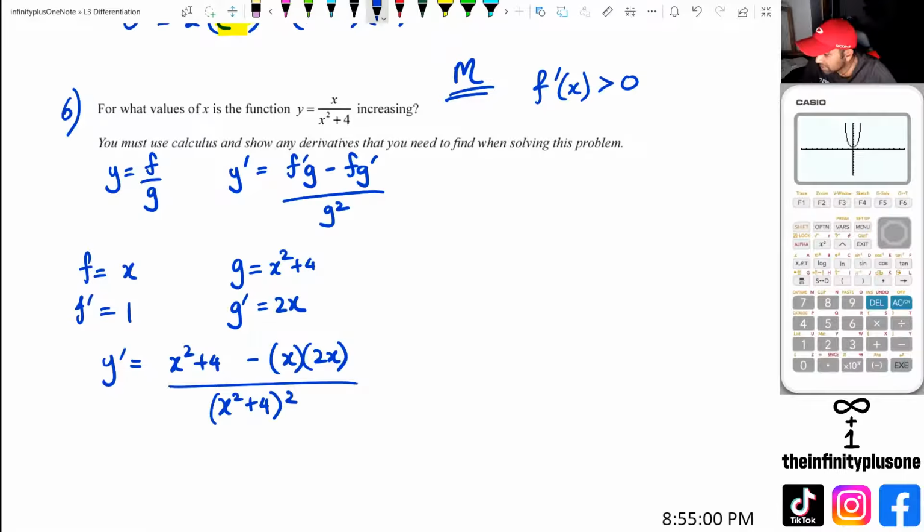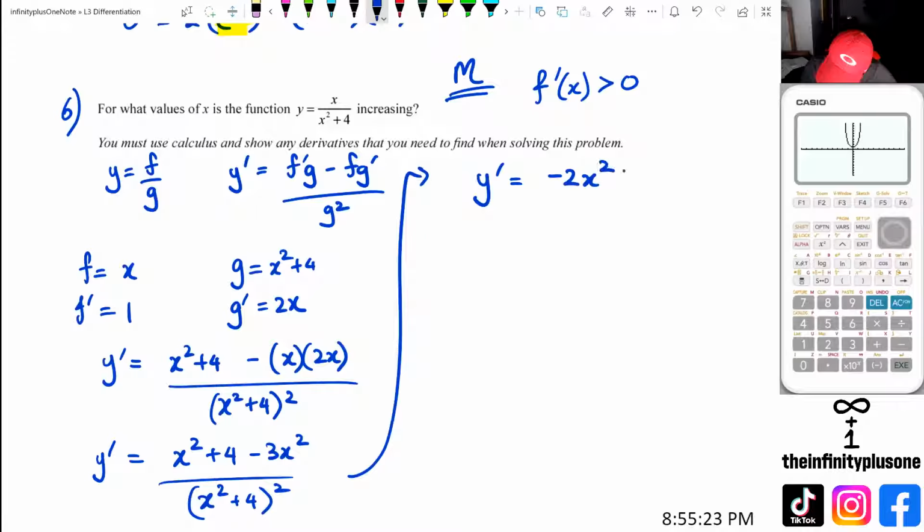Now I'm going to start simplifying the numerator there. So the numerator, I'm going to get x squared plus 4 minus 3x squared over x squared plus 4 squared, like that. So doing this, I'm going to get y dash is equal to negative 2x squared plus 4 over x squared plus 4 squared.